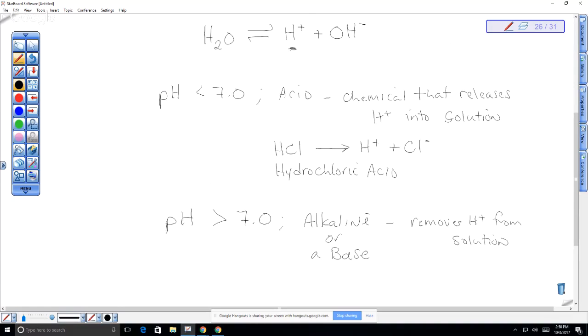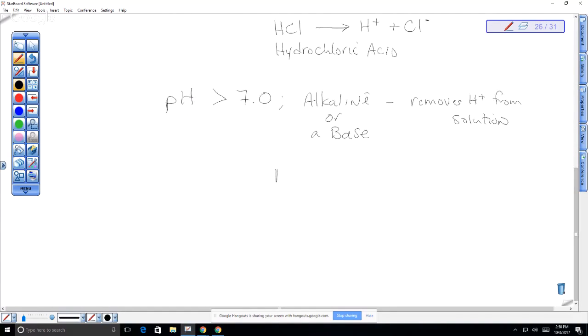An example of a really common base that you probably even have in your kitchen is sodium hydroxide. And this is baking soda. Baking soda is a weak form of sodium hydroxide, but it's a base.